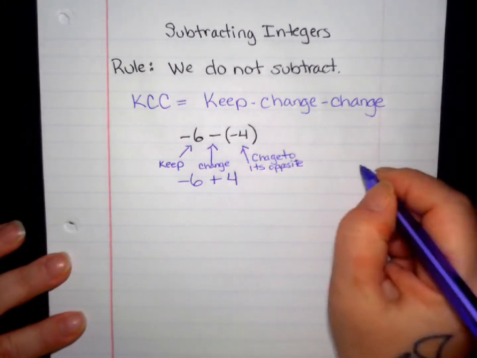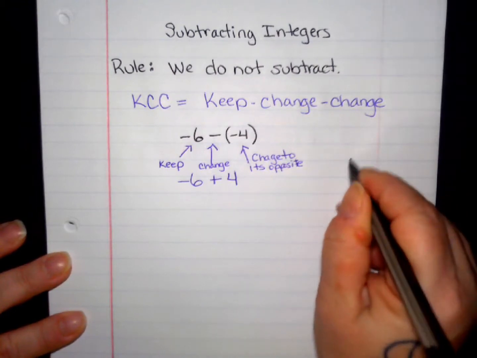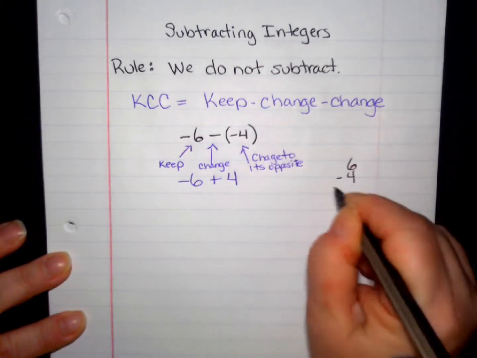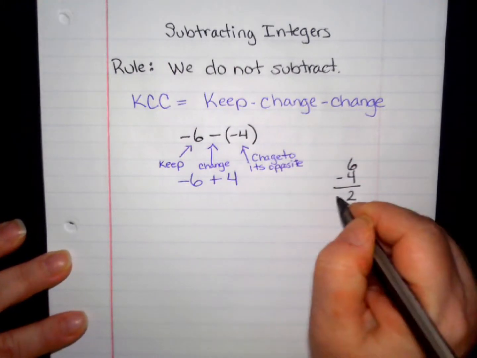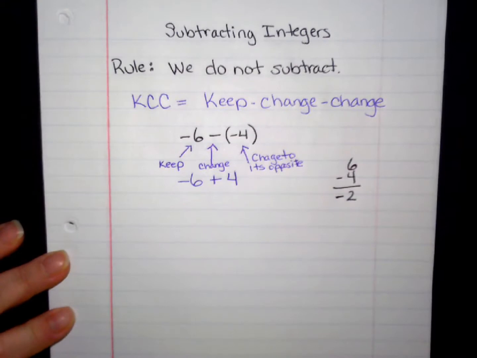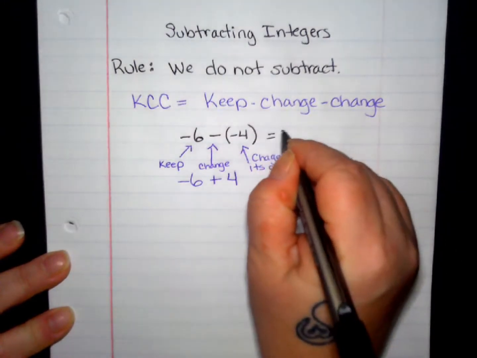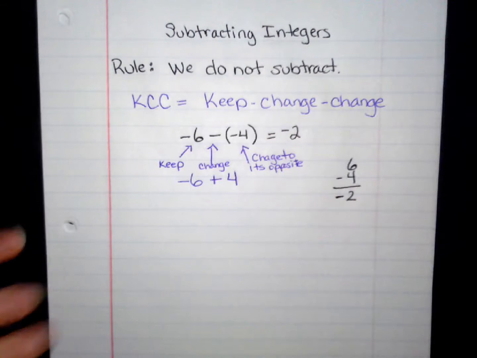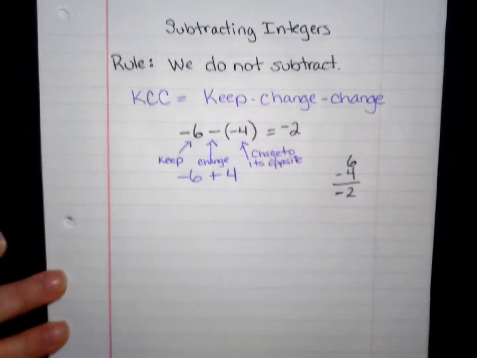And then remember, we take the sign from the larger number. So that means it's -2. Okay? All right, so keep, change, change. That's what we're doing, okay?